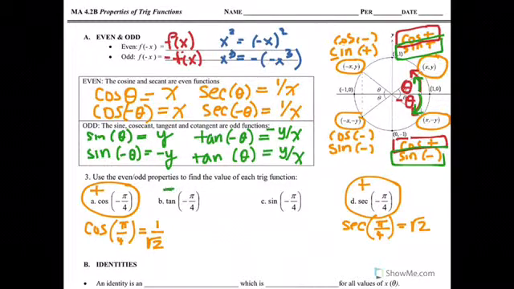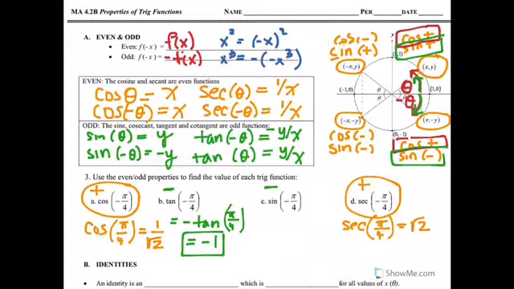For the odd functions, it means that as soon as you plug in a negative value for the angle, it makes the output negative. So this is going to be the same as negative tangent of pi over 4. If you know the tangent of pi over 4, or the tangent of 45 degrees, is equal to 1, that makes this equal to negative 1.